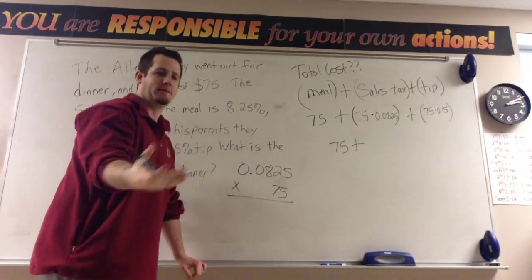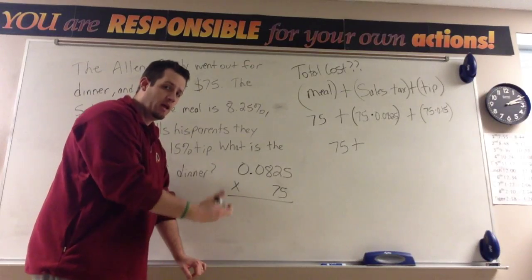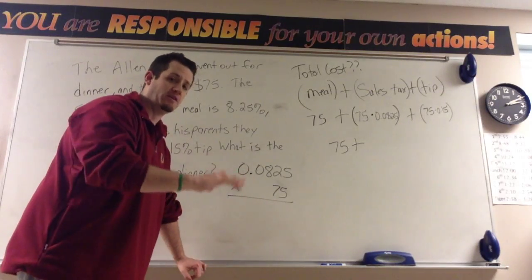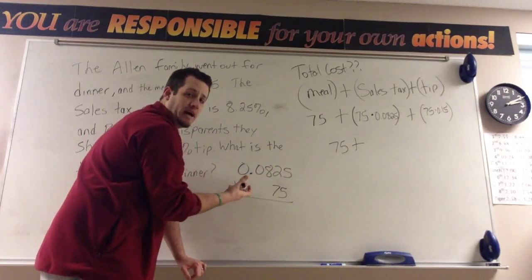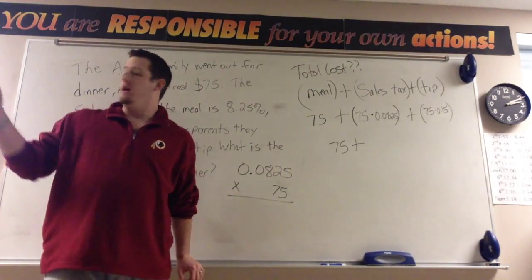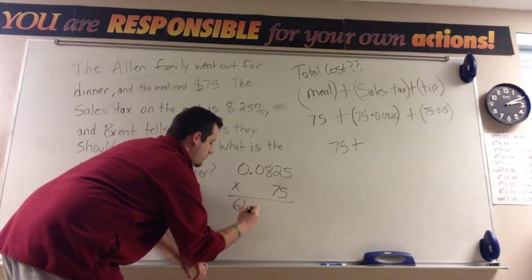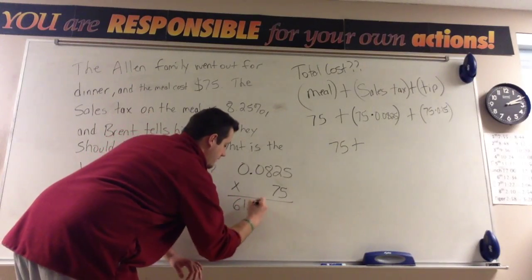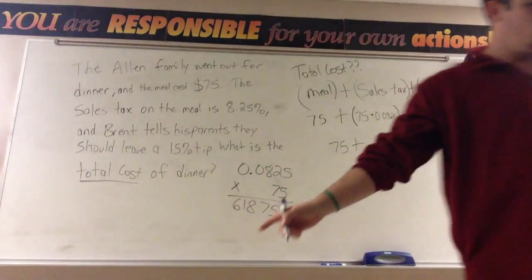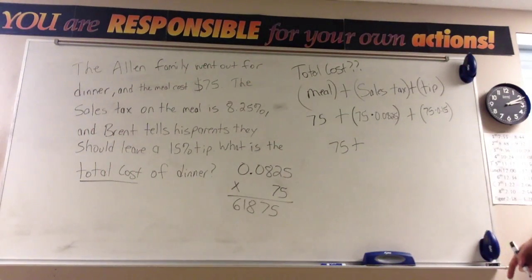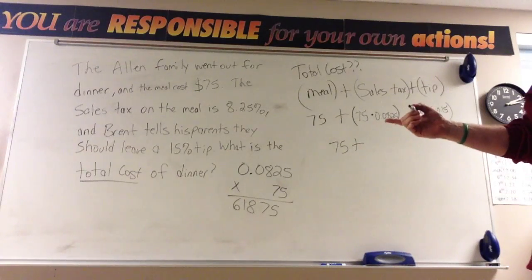Now, if we were in class, I would ask you why we lined it up that way, and then wait for you to answer, but I'll just tell you this. When this happens, I put the one with the most digits on top. Now the numbers that you get when you multiply this are 6, 1, 8, 7, 5. Now if you could tell me where the decimal goes, that'd be awesome.